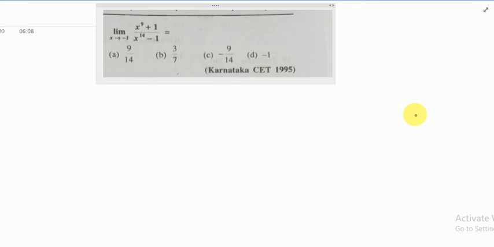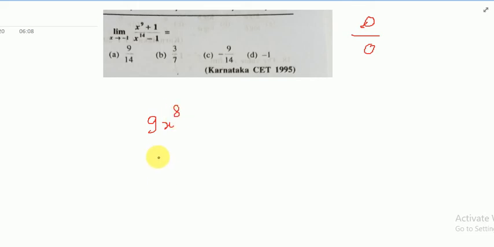So this is old Karnataka CET problem. Okay, so as x tends to minus 1, x raised to 9 plus 1 divided by x raised to 14 minus 1. Again it is 0 by 0 form. Therefore what we need to do? Only we need to differentiate the numerator and denominator separately. Derivative of numerator is 9 into x raised to 8 divided by 14 into x raised to 13.